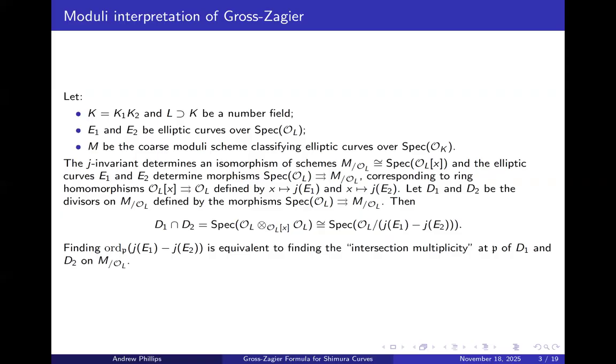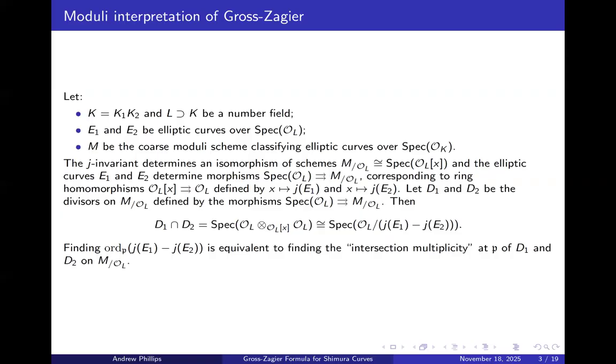You can view it as the affine line over OK, because the J invariant gives an isomorphism to the affine line classifying elliptic curves. Think of that as an integral model of a general modular curve.